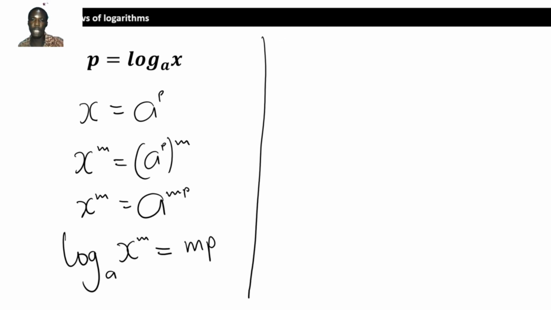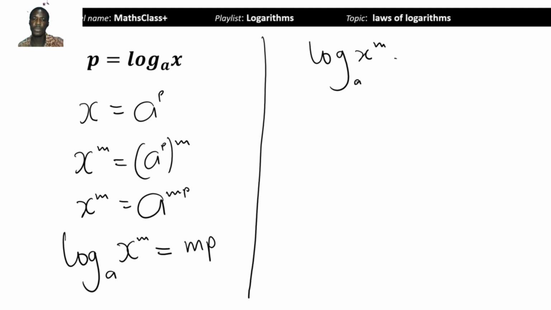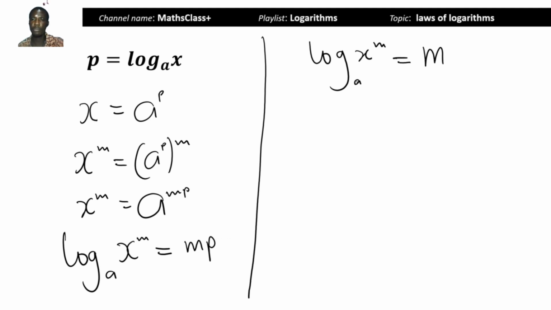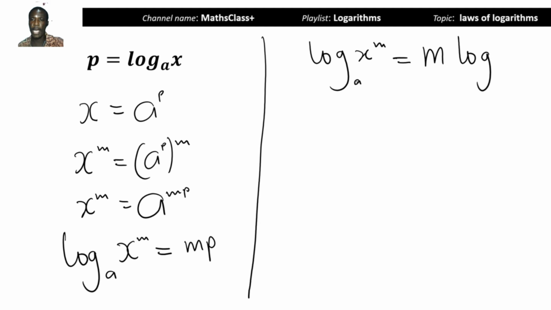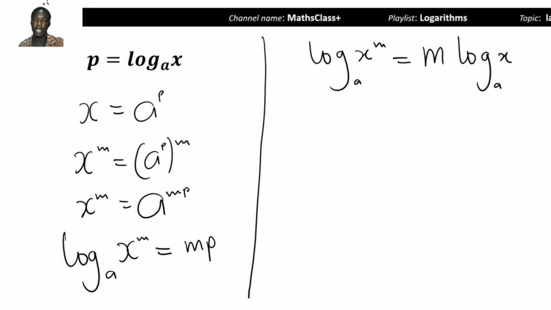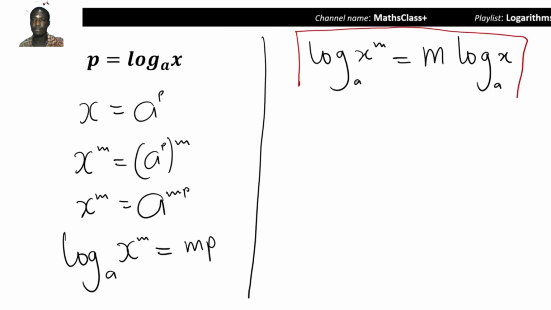We shall not forget that p represents log x to the base a, and so let's do the substitution. Log x to the power m base a is equal to m log x to the base a, and this is the third law of logarithm.